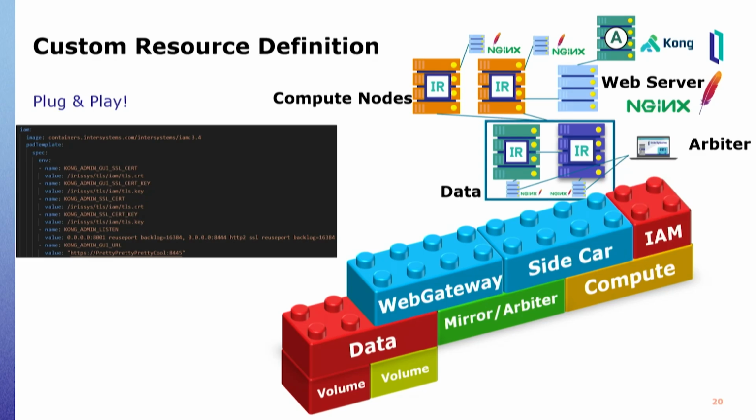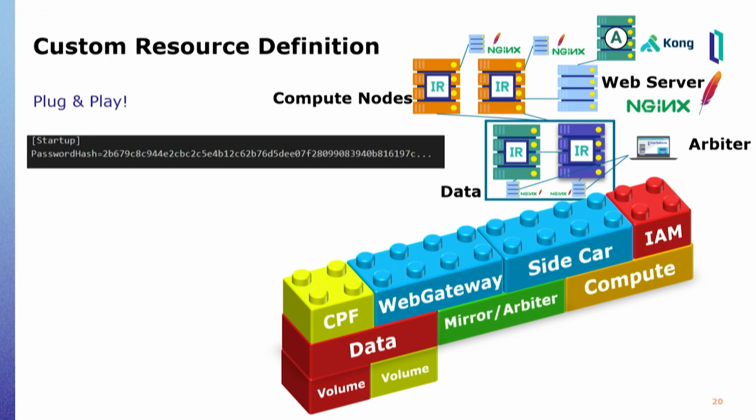And lastly, we have the option to add IAM, so our Kong web gateway if we want, and it's just as easy as a few lines in the YAML, so the IKO is going to make that really easy for us. And then maybe we want to add some configuration files as well. Just as easy as we built it up, we can also take it down.